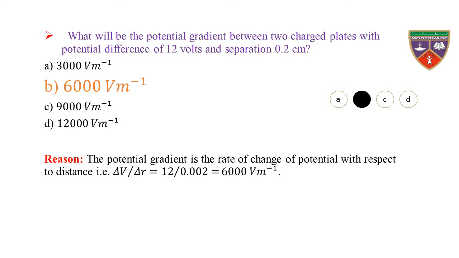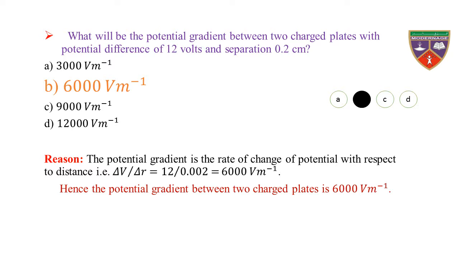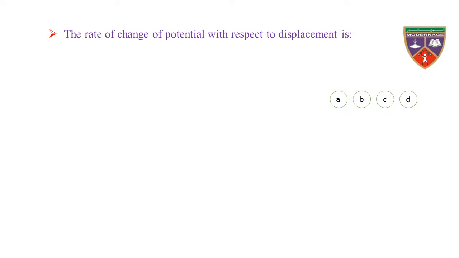Therefore, delta V over delta R is equal to 6000 volts per meter. Hence, the potential gradient between two charged plates is 6000 volts per meter.